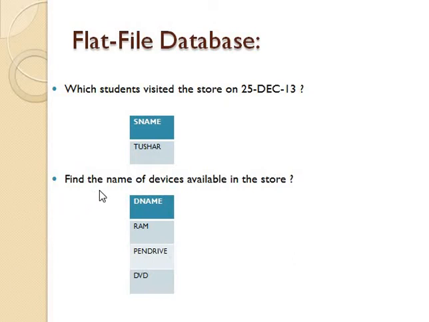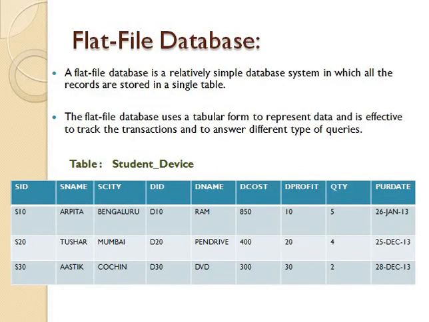Now if you're asked another query, to find the names of the devices available in the store, how can you find that? In order to find the names of the devices available in the store, you need to look at this column or field, that is DName.